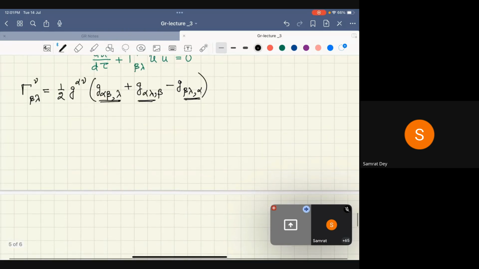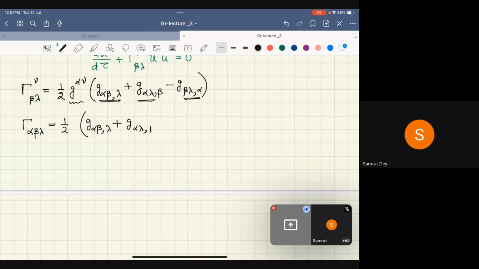There is another useful notation which many books actually use, which is this notation, which is nothing but the same object but without this term. Some books also use the expression that I am just writing here.